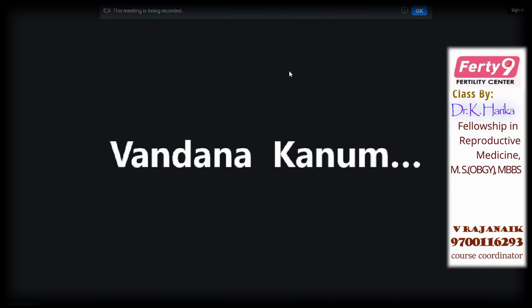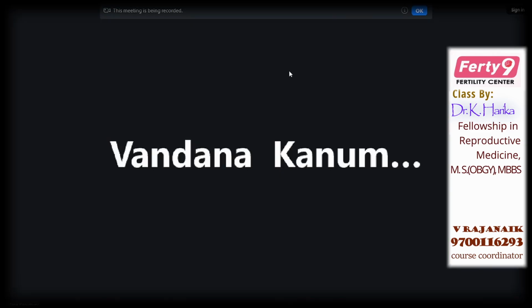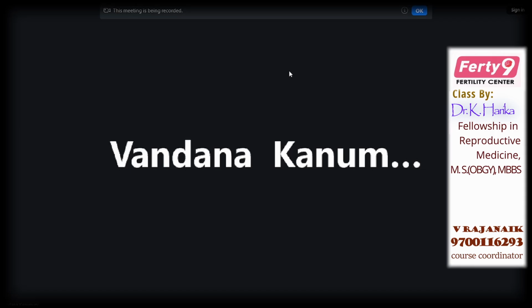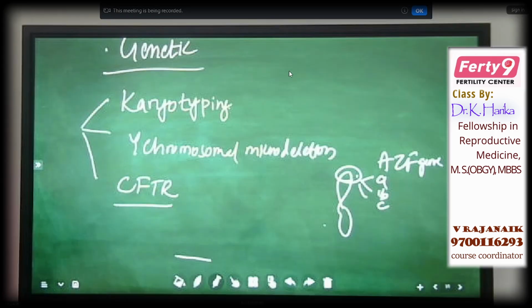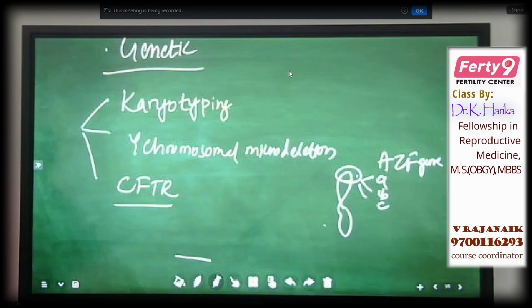So if a male is a known case of obstructive azoospermia, we have to check the cystic fibrosis gene. If he's positive, then we have to check the same for the female partner, because if the female partner is also a carrier for cystic fibrosis, then there is a chance of getting a baby with cystic fibrosis.